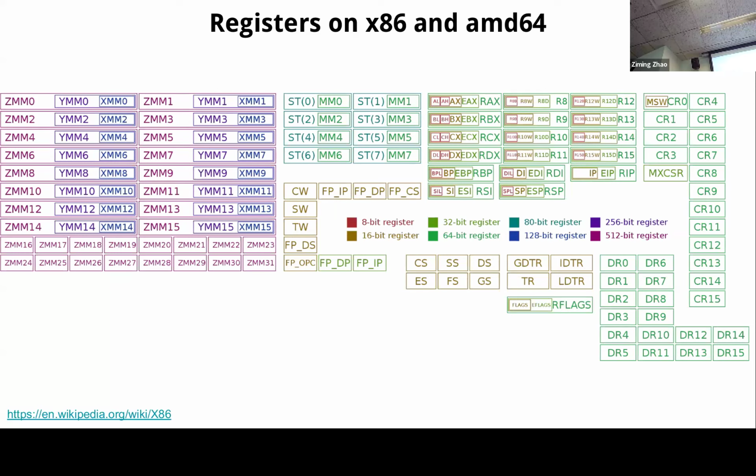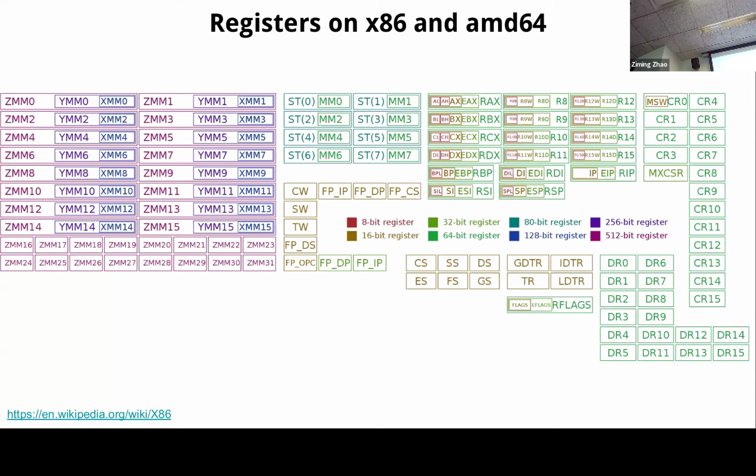Then we have some debug registers here, those for debugging. We have many of those registers. Then we have what are called the segment registers. They have been there since the very beginning of Intel CPUs. CS is code segment. SS is probably stack segment. DS is data segment.